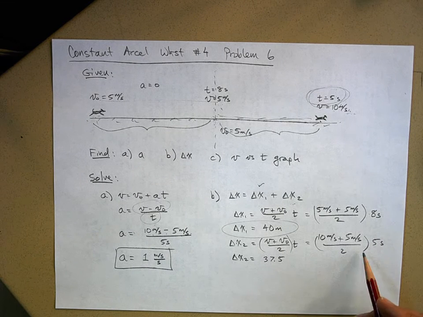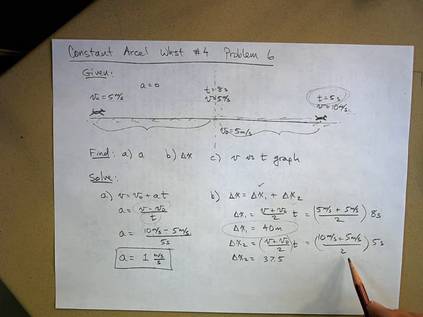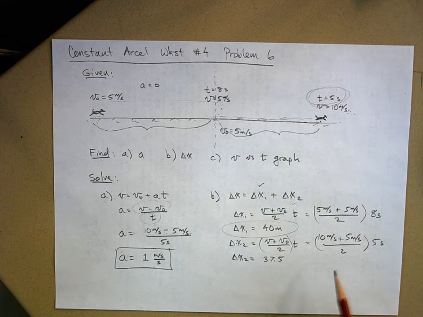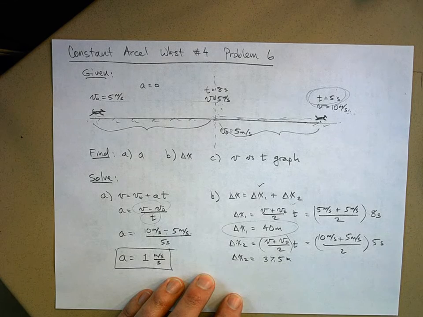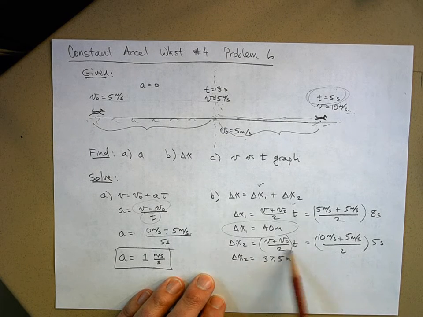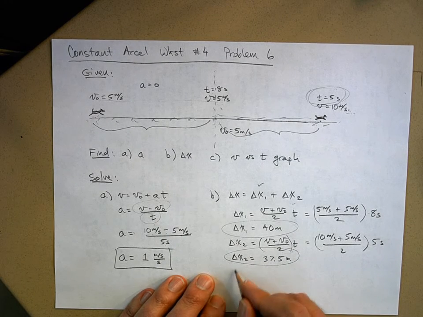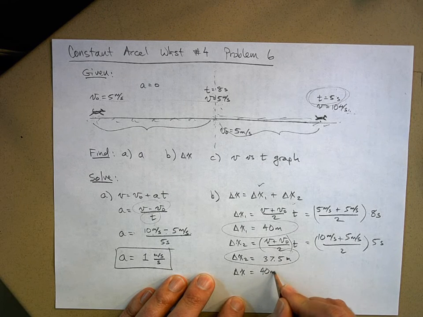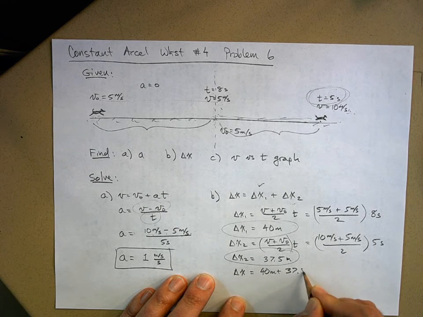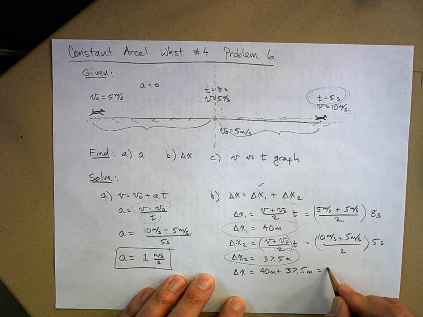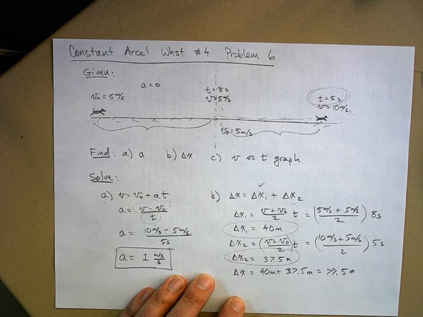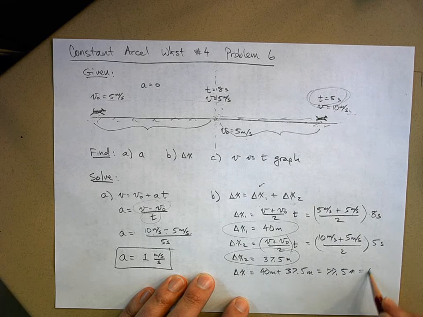Well, 5 times 7 is 35. 0.5 times 5 is 2.5. So 2.5 plus 35 is 37.5 meters. Now I just need to add those together. 40 meters plus 37.5 meters equals 77.5 meters. That's how far the dog traveled.